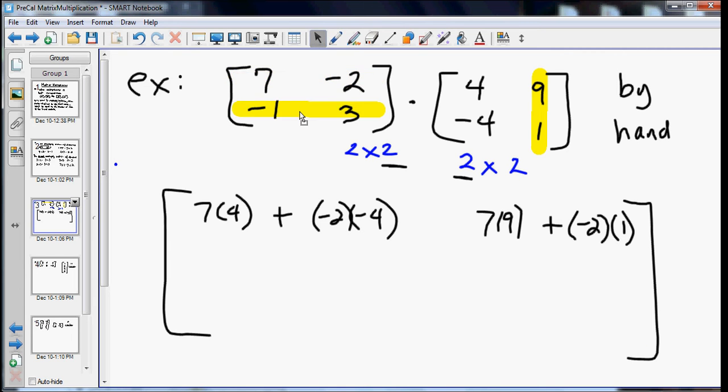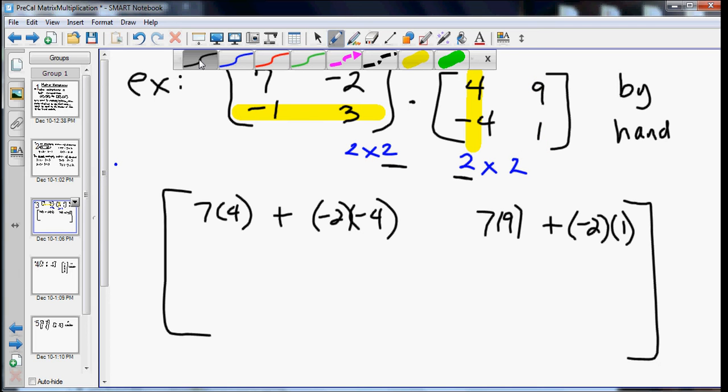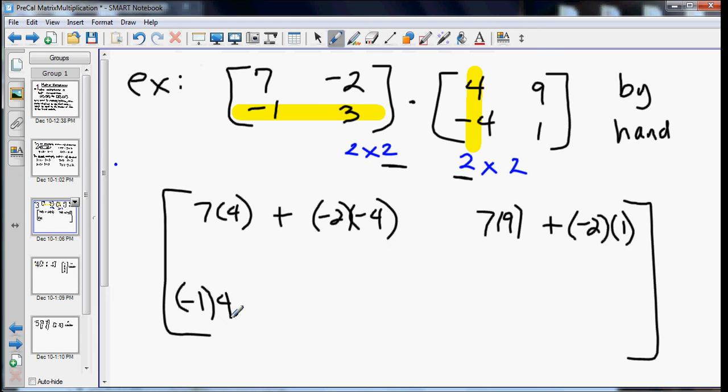Now I'm doing the second row times the first column. I do negative 1 times 4 plus 3 times negative 4. And then the second row times the second column: negative 1 times 9 plus 3 times 1.